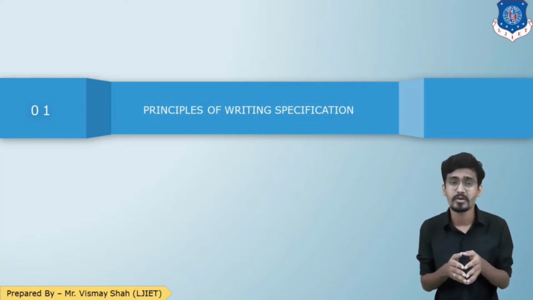So today we are going to discuss the principles of writing specification. There are a total of 10 principles. Let us see what they are.